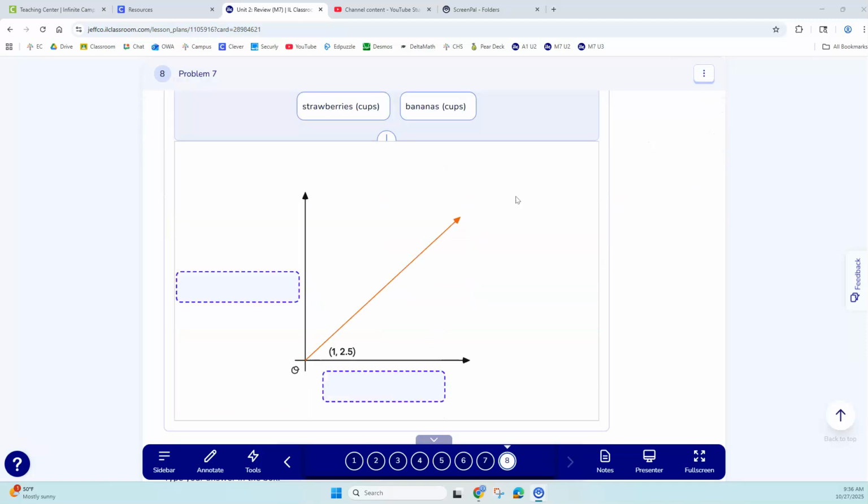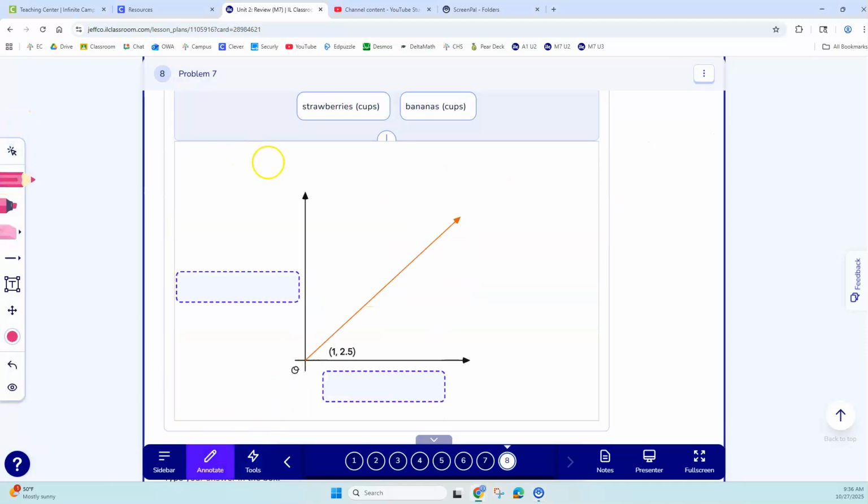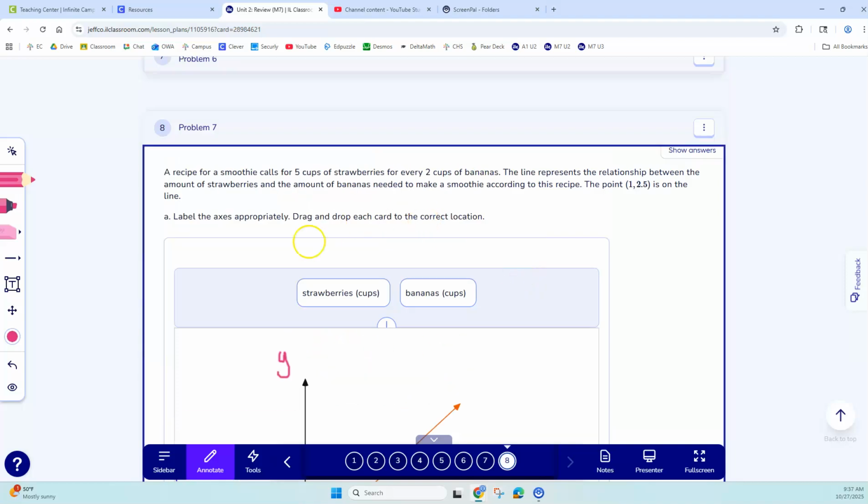All right, so before we do that, I just, for myself, this is my Y axis and this is my X axis. You don't have to do this. Here's my question that I want to think about.